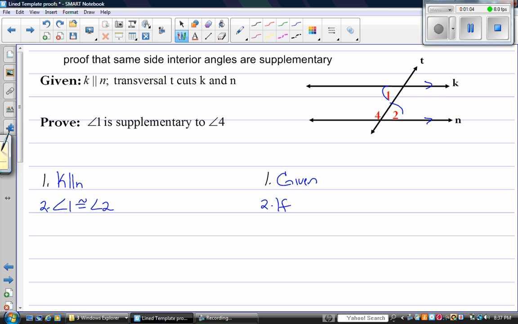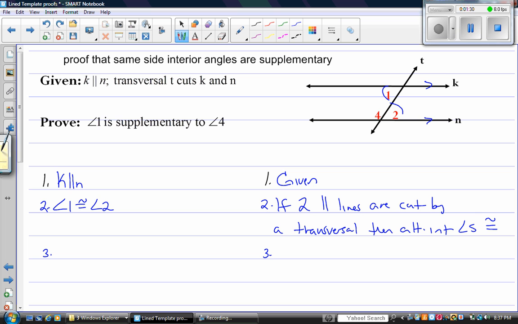If two parallel lines are cut by a transversal, then alternate interior angles are congruent.